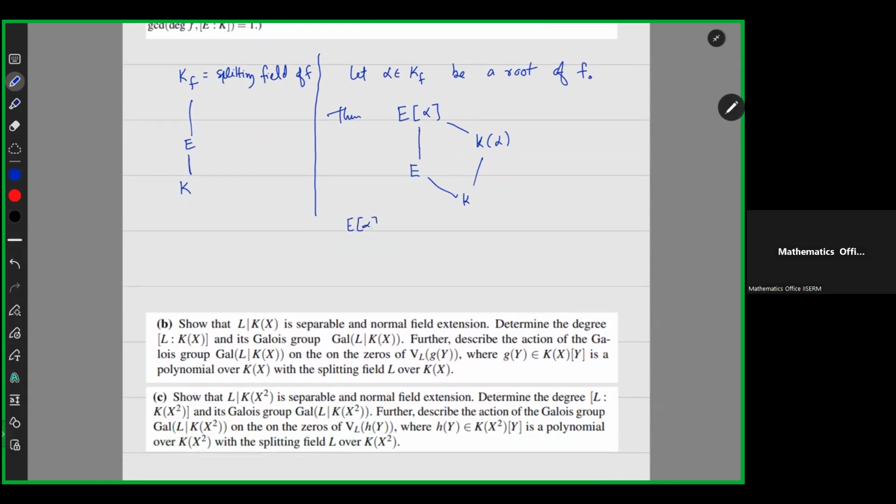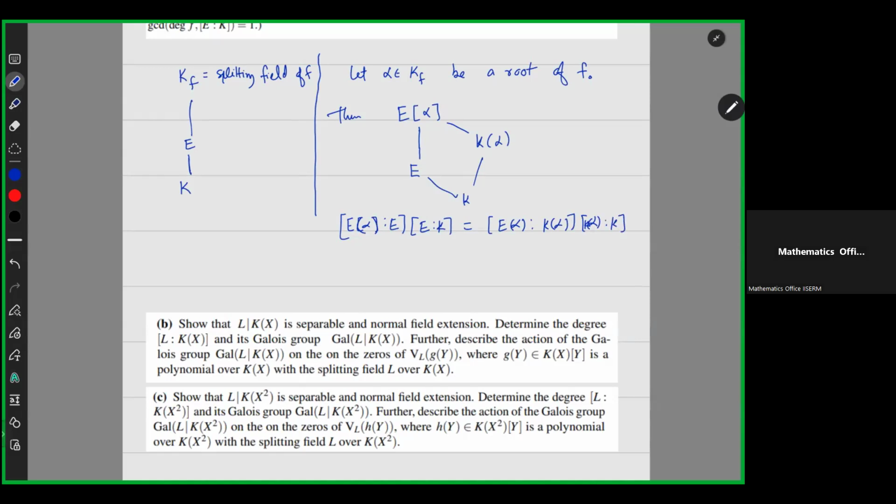E alpha, let me write down back. E alpha over E, then E over K. This index is equal to E alpha over K alpha, then K alpha over K. So what is the degree of extension K alpha over K?